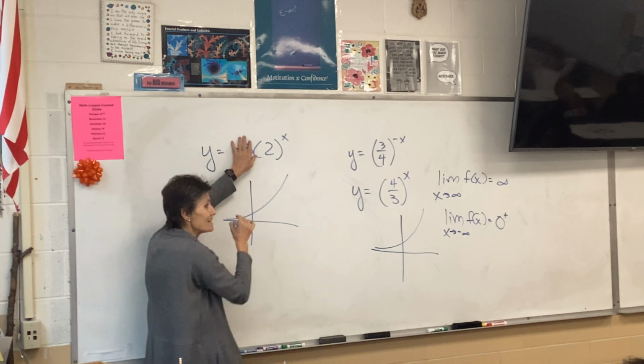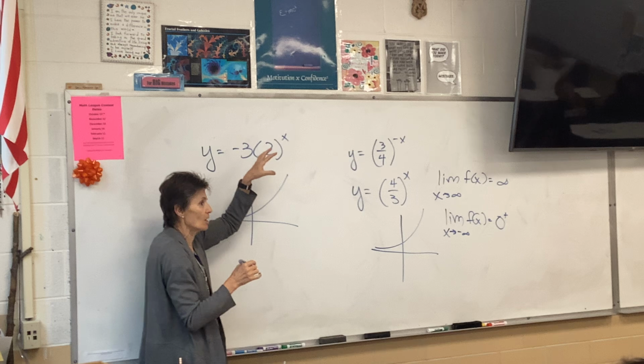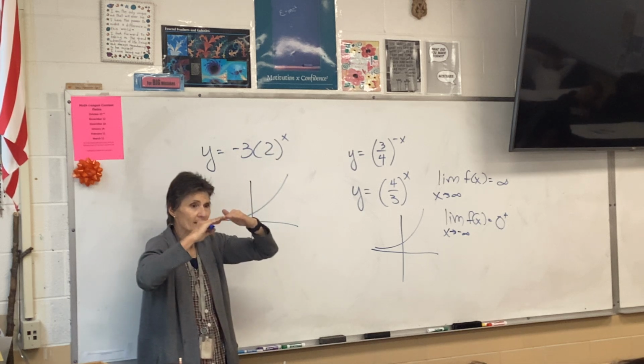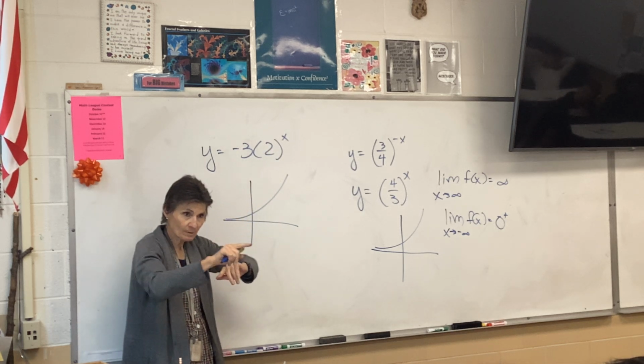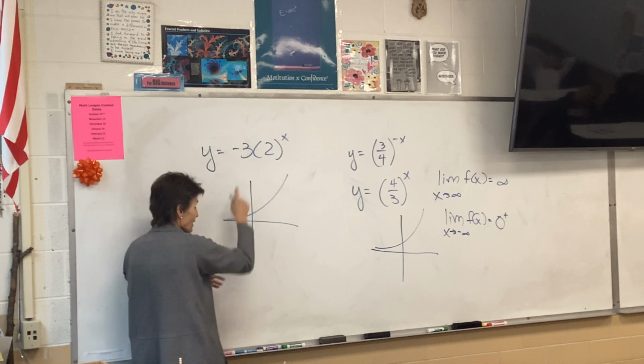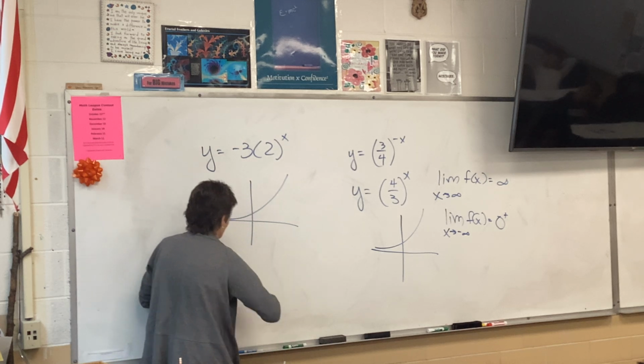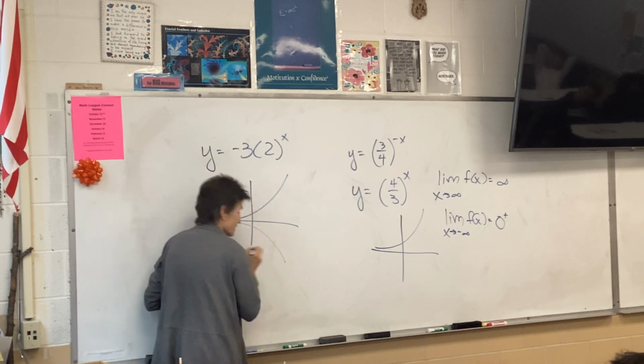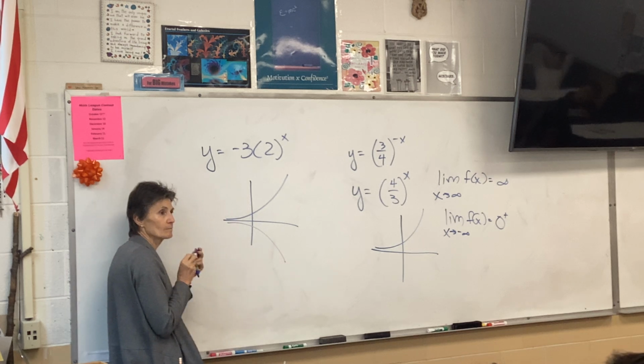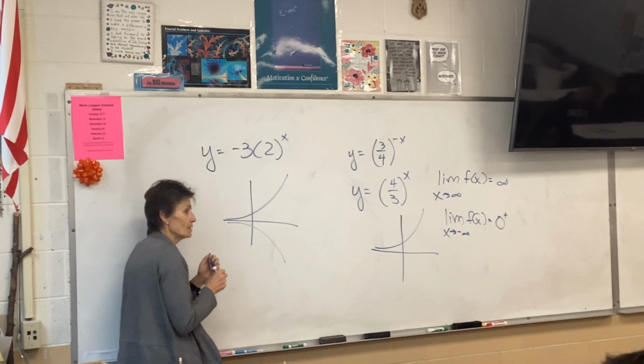When I put a negative out in front of it, though, that tips it upside down. So this actually looks like this. Would you agree with that? Would you ever have to distribute the thing?